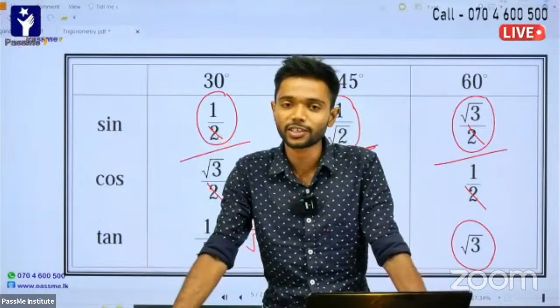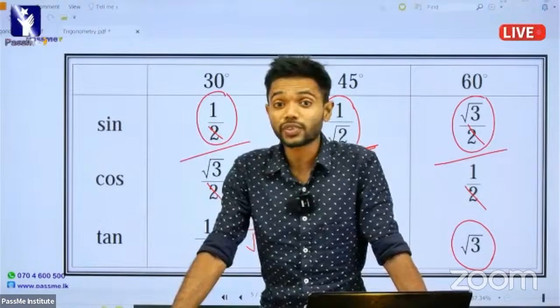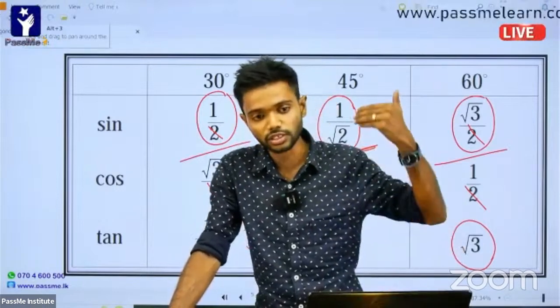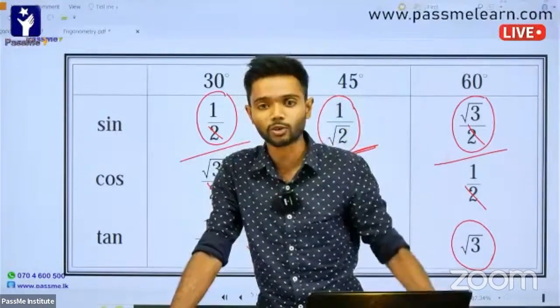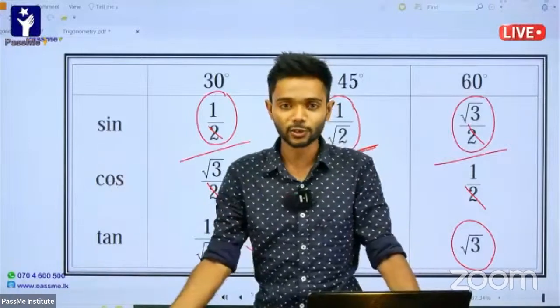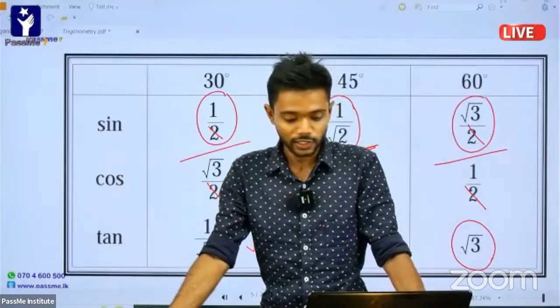And next week we can use all these things, but without using the table. I mean, without using this table, we can do the calculation based on the memory you have about these sine, cos, tan angles. Okay.